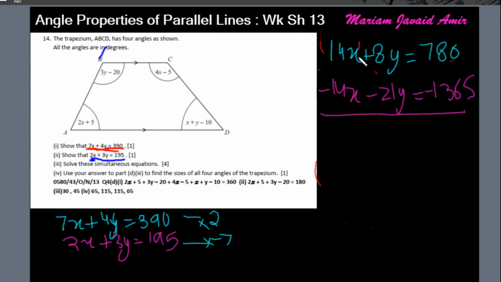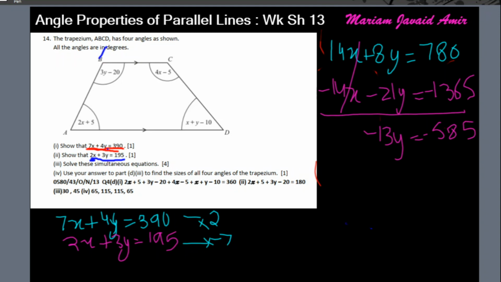Now add these, and the 14x and minus 14x get eliminated, and then 8y minus 21y is minus 13y, and 780 minus 1365 equals minus 585.